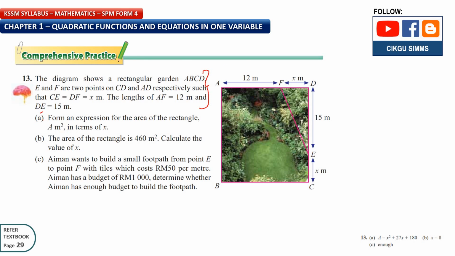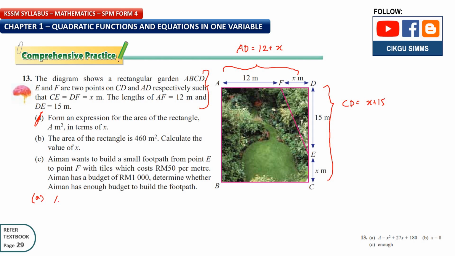Okay, so question A, form an expression for the area of rectangle ABCD in terms of x. So the area of the rectangle. CD, this length, is x plus 15, right? This is the length. How about the width? The width is AD, which is 12 plus x.